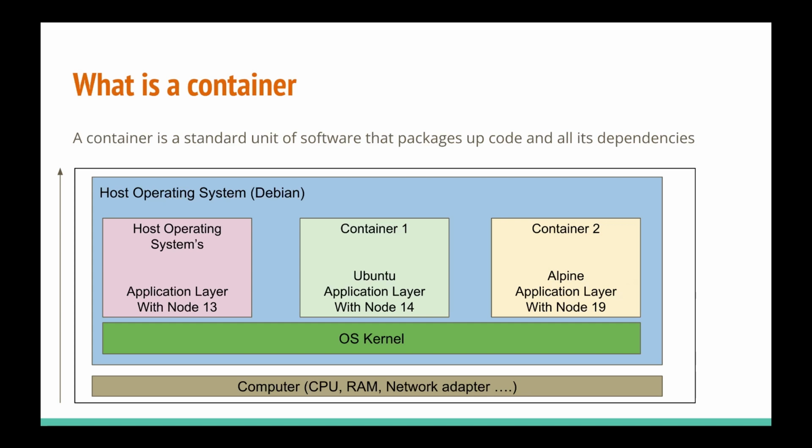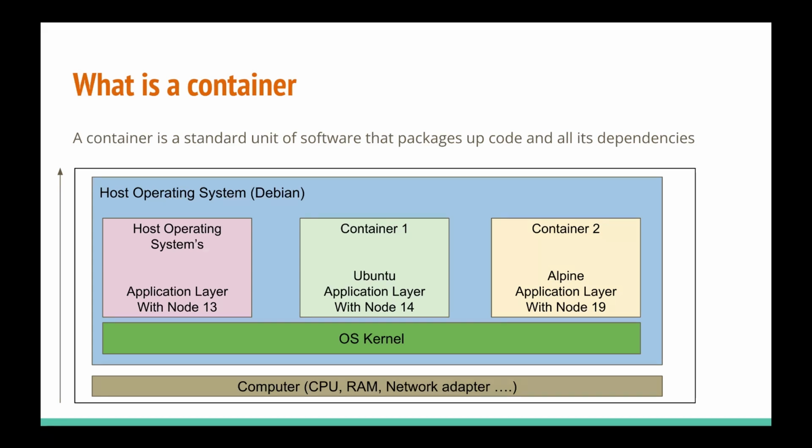So the difference between a virtual machine and a container is that a virtual machine is to share hardware. A container is there to share the OS kernel. And a container is much lighter than a virtual machine.